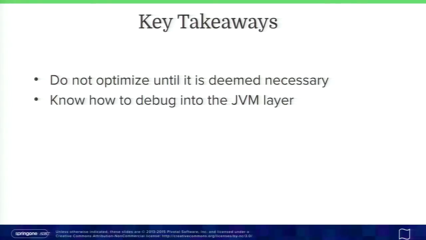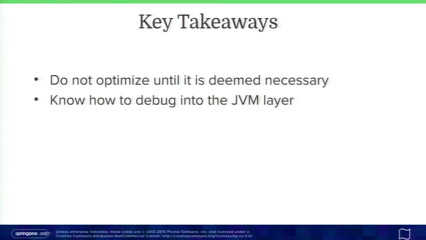Now you know how to debug into the JVM layer. And this is what I've tried to really help you out with today. Hopefully when you go home tonight, if you have a problem in your JVM layer, you can debug into it and figure out exactly what is happening. I've only covered a few JIT optimizations today, right? I covered inlining, dead code removal, polymorphism, and escape analysis.